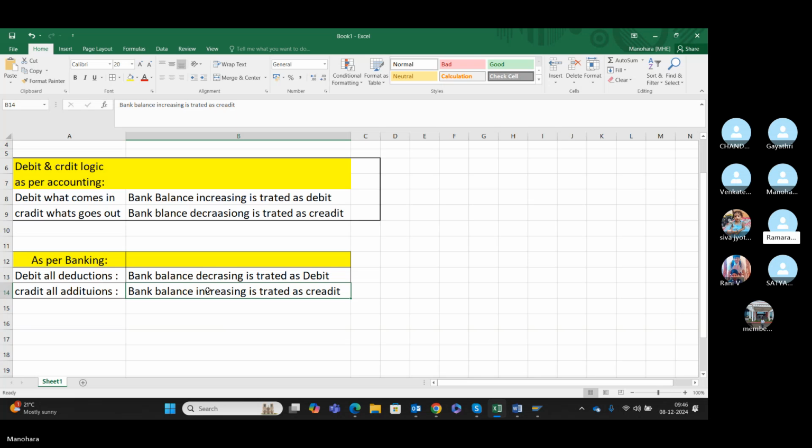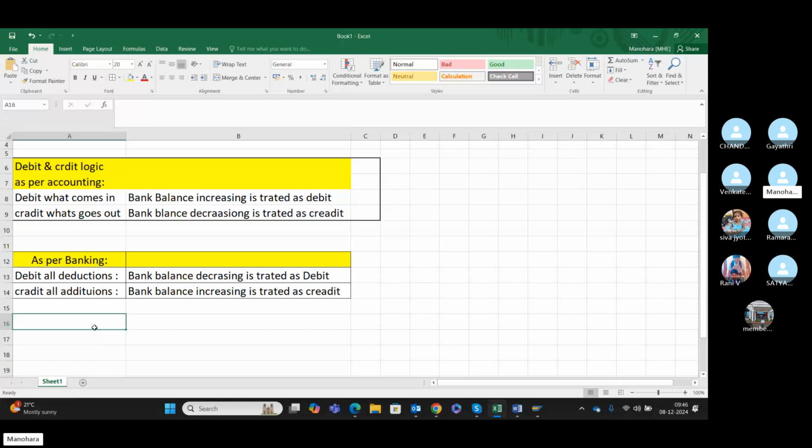The statement is representing only as per banking, and our transactions are representing as per our accounting. That's why the opposite will be there. Yes, they are provided according to their books. So we need to understand it. That's it.